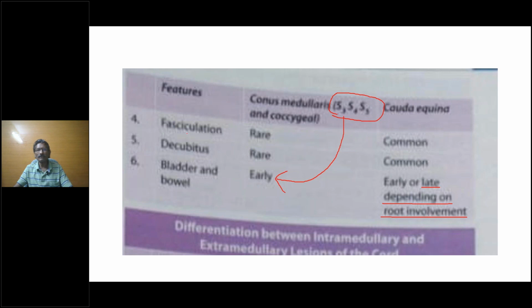Don't bother about these two: fasciculation, decubitus, don't confuse yourself. It is more tricky to explain this because, as I told you, fasciculation cannot be generalized. Fasciculation is possible and can occur in any of the lesions. Fasciculation is not common with root lesion. So fasciculation and decubitus, better not to commit. When you answer, you just tell the bladder involvement, one.